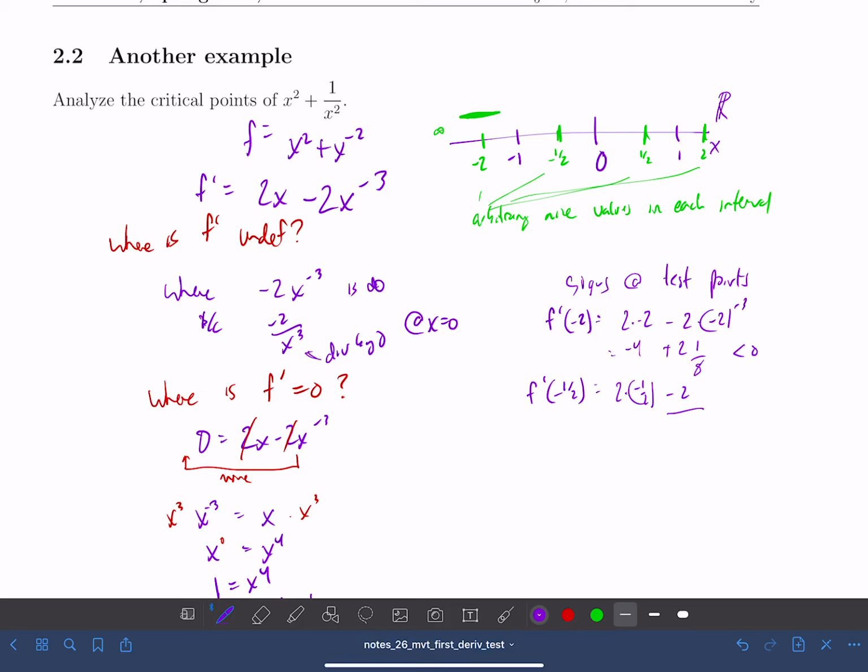So how about I go over a half cubed. -1 minus, ooh, there's a minus sign. Ooh, plus plus plus 2/8 minus 1. Ooh, plus 16. That's bigger than 0.